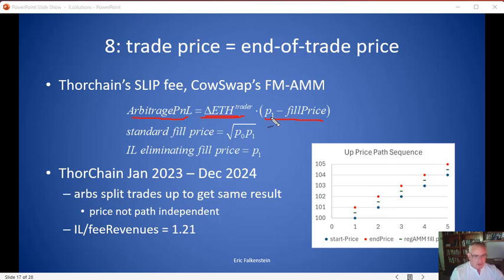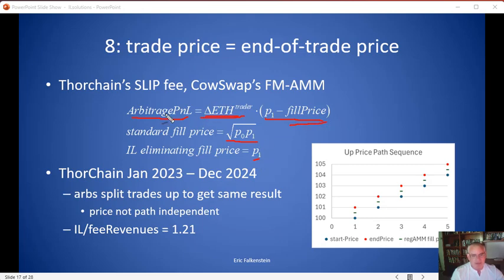And so it's the ending price, presumably this is an ending price here, P1. Right now he makes a big profit because the fill price is the geometric mean of where the price started and where it ended. So they always make money when they move the price. But what if instead of making the fill price the average price of where he started and ended, you make it the ending price?